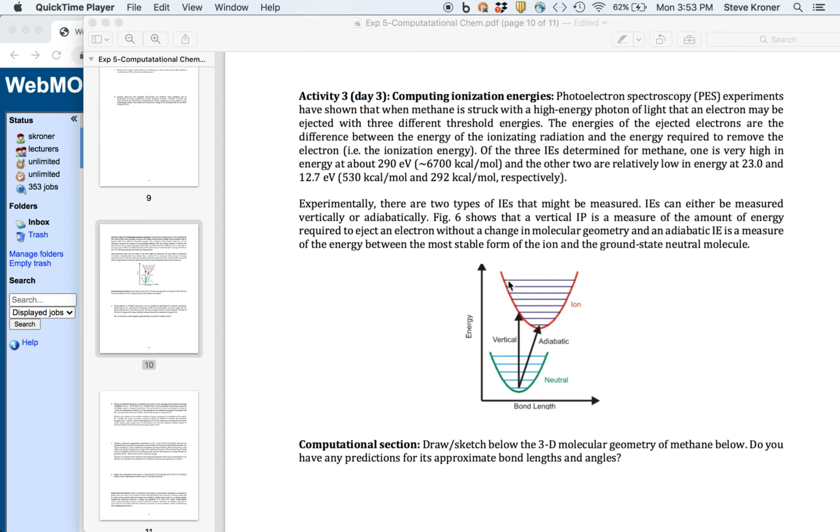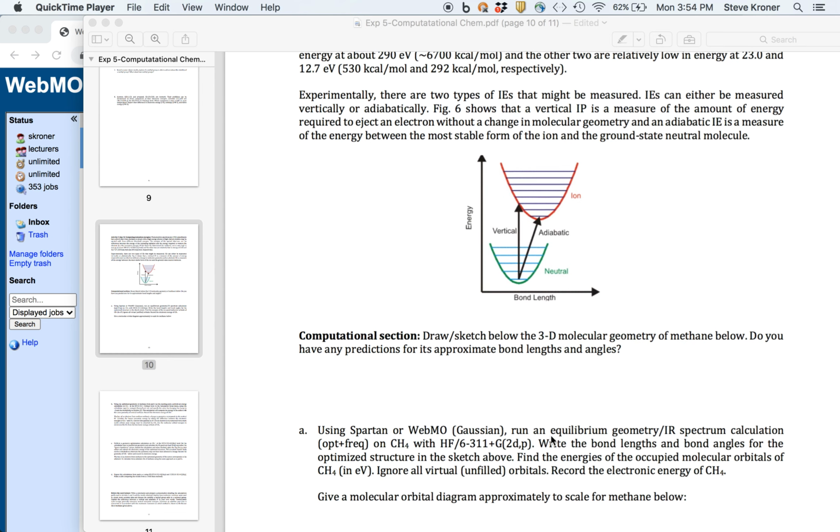If you allow the excited structure of that cation to minimize, the difference between that minimized structure and the original state would be the adiabatic ionization energy. So the adiabatic energy is the energy it takes to remove an electron where you allow the cation to optimize its energy.